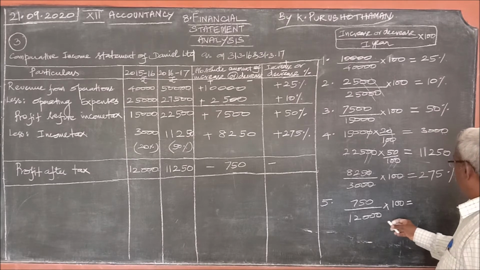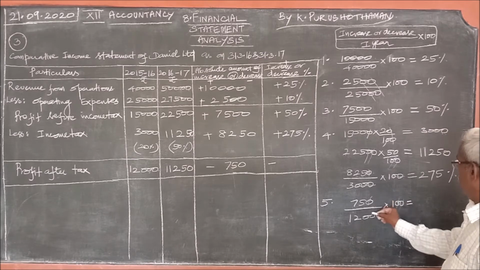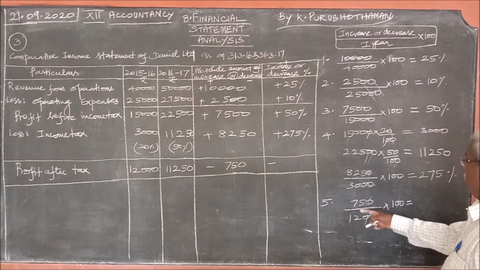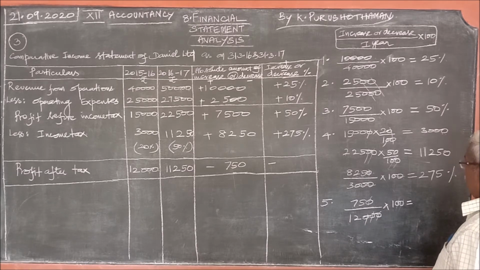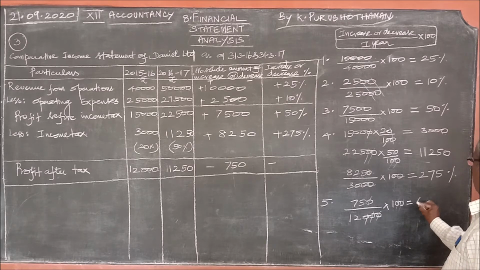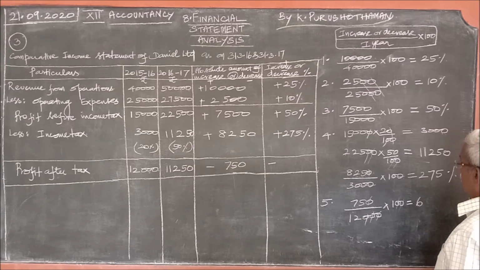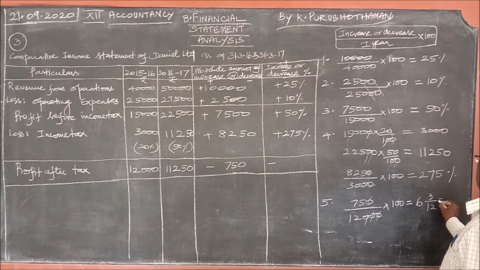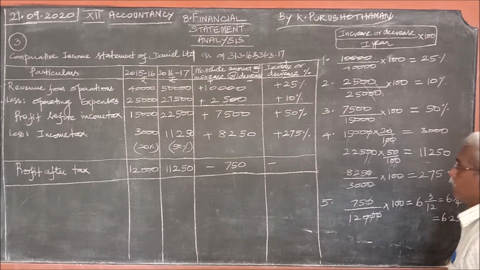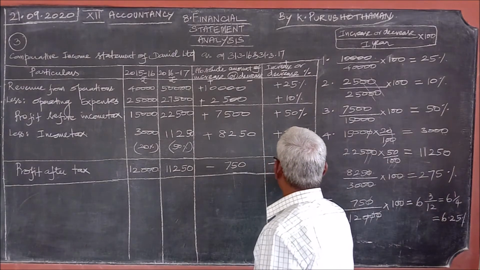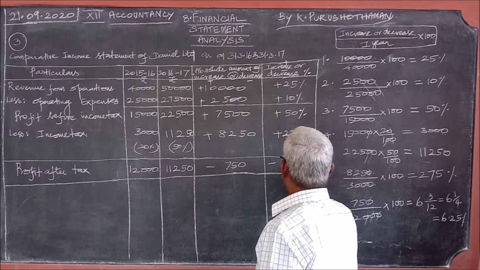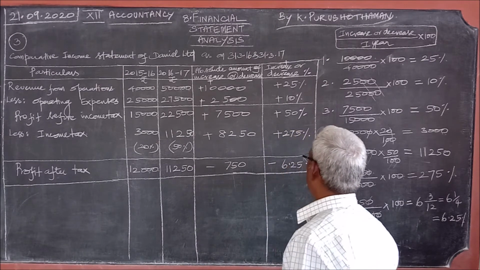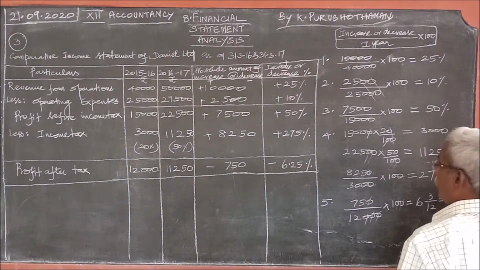So we simplify: you divide 75 by 12, that is 6.25%. 6.25% decrease in the profit.